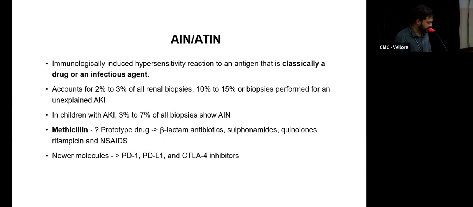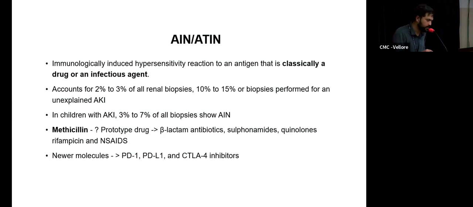Methicillin, the initial drug with which this was discovered, is the prototype drug. Then we have moved on to beta-lactams, sulfonamides, quinolones, rifampicin, NSAIDs. This is just a small list out of the whole exhaustive list of drugs which have implications in AIN.